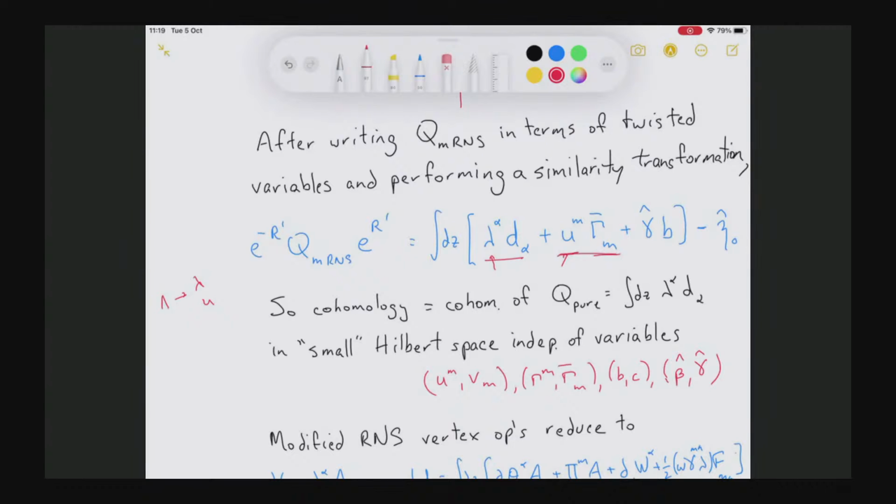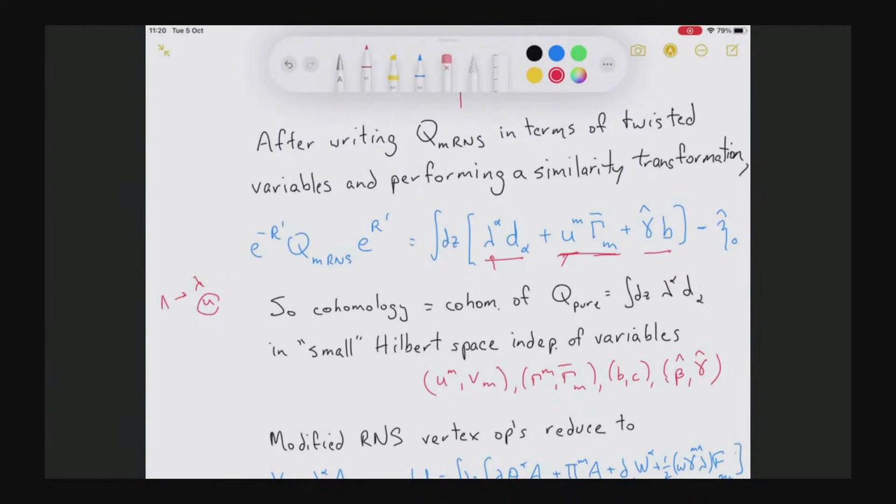So remember in the RNS formalism, the fields which decoupled, which had this topological term, were the thetas and the capital lambdas. In the pure spinor formalism, what you find is the fields which decouple are these u's and the twisted gammas, and also the ghosts.